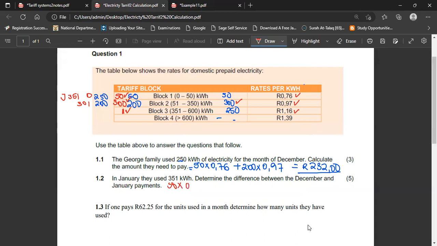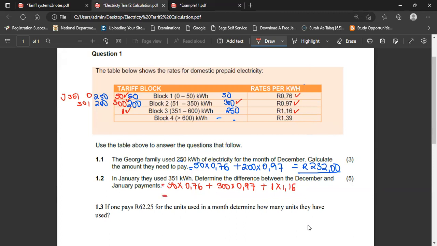50 times 0.76 plus the 300 times the 97 cents plus our 1 times 1 rand 16 cents.